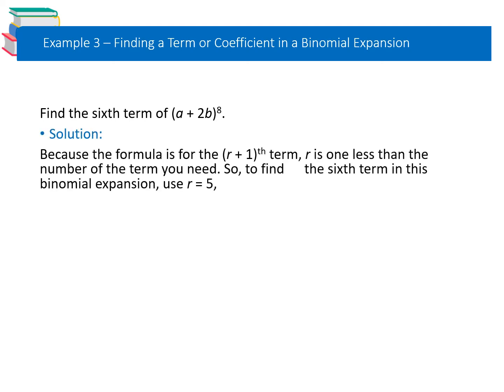So, using that formula: find the sixth term of a plus 2b raised to 8. Solutions. Because the formula is for the r plus 1 term, r is 1 less than the number of the term we need.